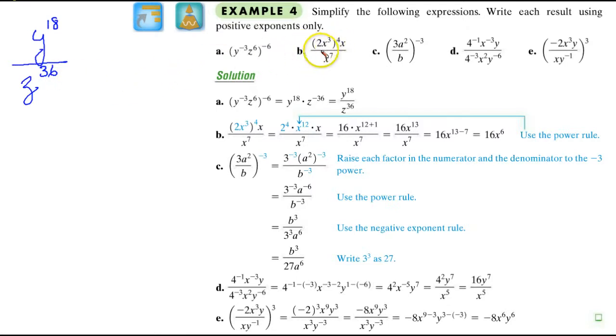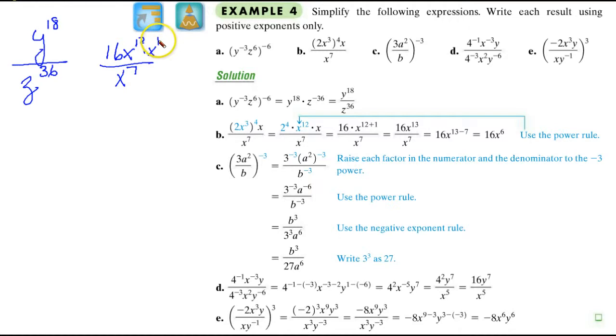Now here we have to simplify first. So it's going to be 2 to the 4th, which is 16x to the 12th times x to the 1st over x to the 7th. Okay.